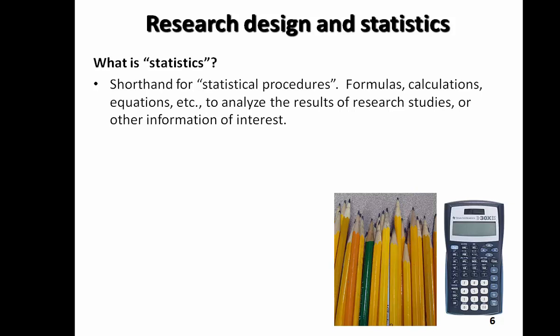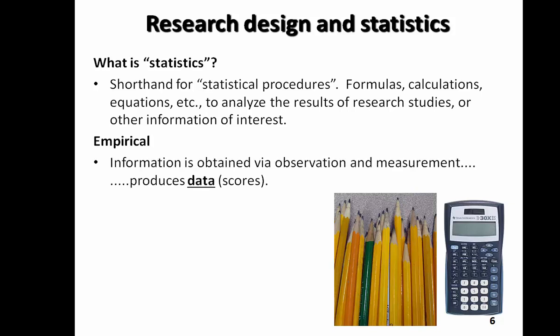This is specific to research studies that collect information in the form of data, and those are studies that take an empirical approach. The empirical approach refers to obtaining information through observation and measurement numerically. That numerical information produces what's called data, or also scores. The terms data and scores are used interchangeably.